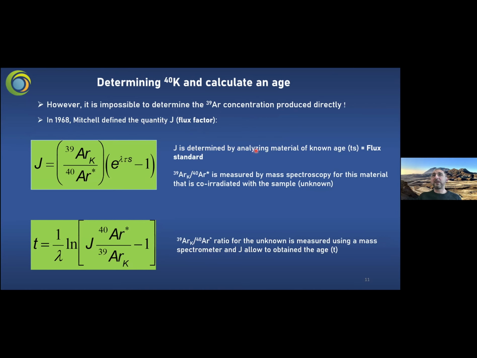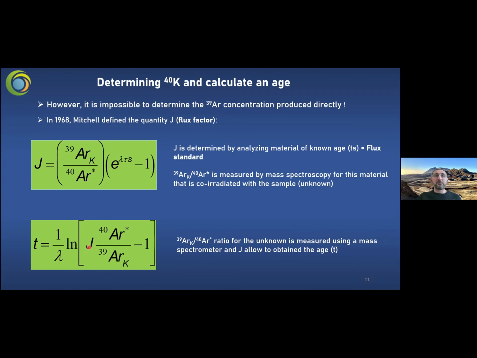J is determined by analyzing materials of known age. That's our standard. It's the J value. So J is equivalent to these equations. You can recognize the same equation I just showed you, but rearranged a little bit. So we measure argon-39 coming from the potassium and the argon-40 radiogenic in these materials of known age that we co-irradiated with our sample.